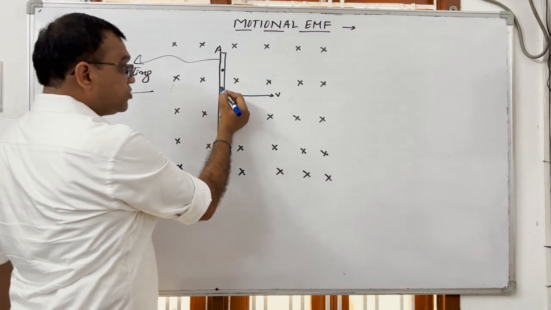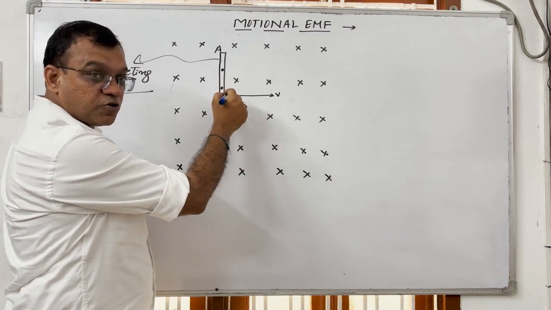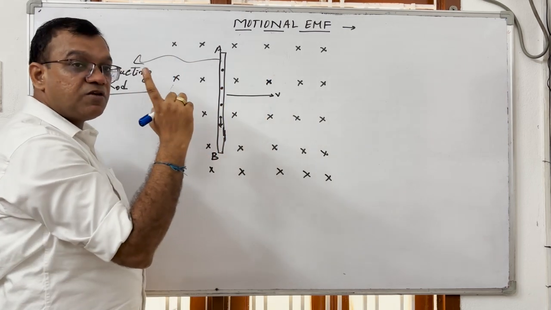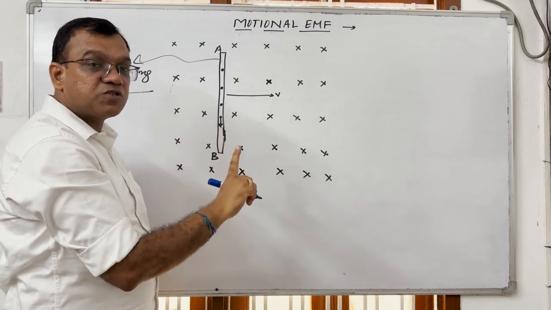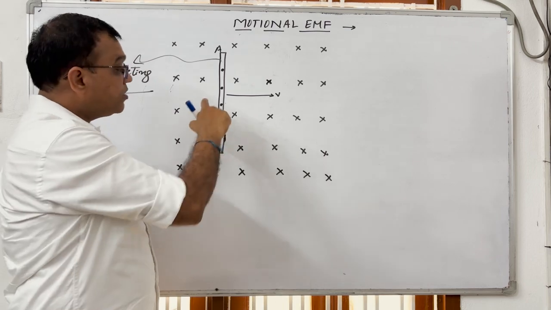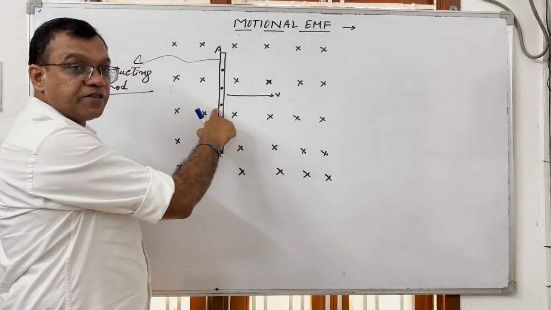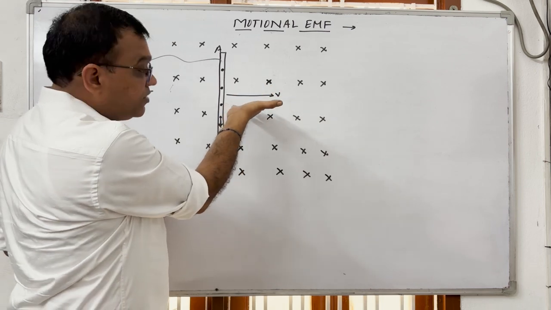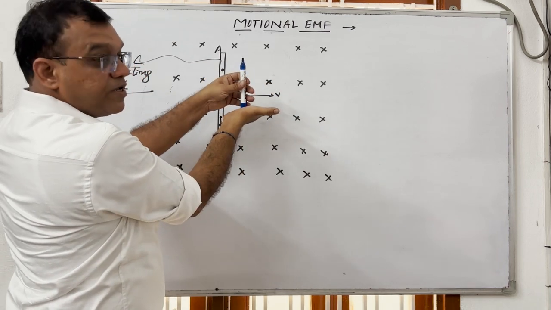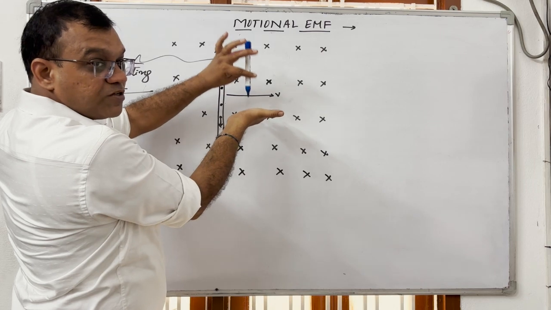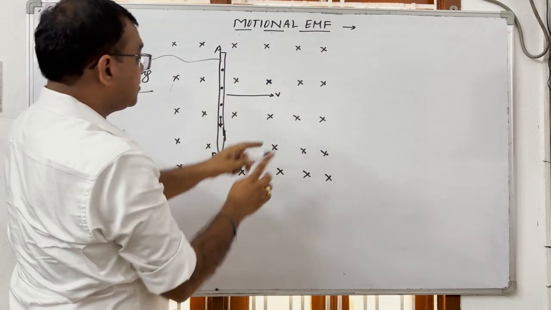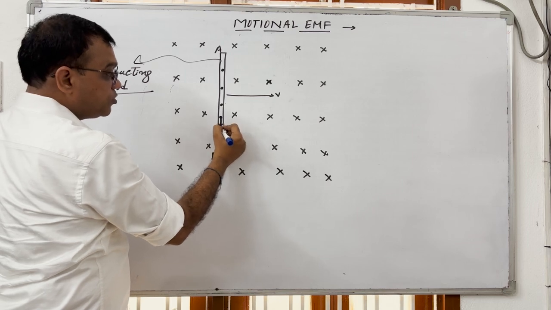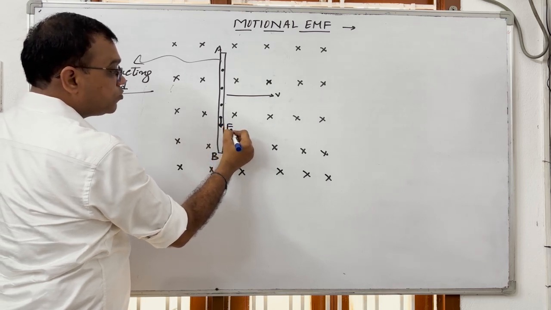If charged particles, these electrons, are moving in a magnetic field, then a moving charge experiences a force. From this concept we can find the force experienced by them. Velocity of the charge, magnetic field direction, and force will be downward because it is a negative charge. So these electrons will experience the force in the downward direction, equal to Fm.